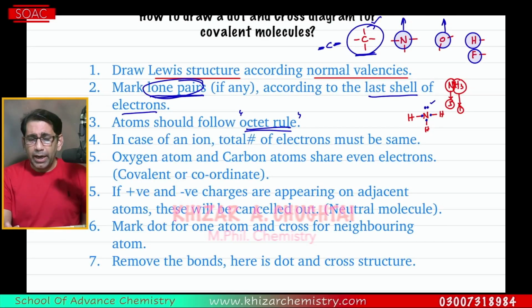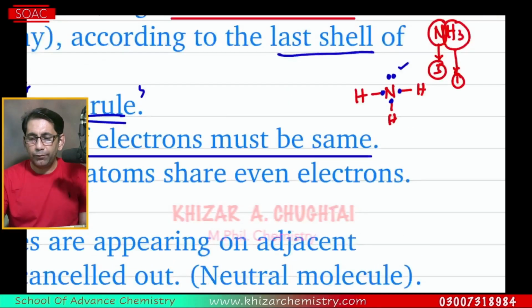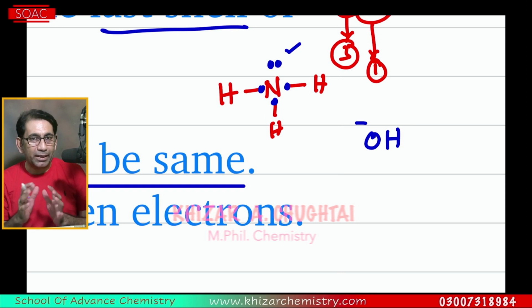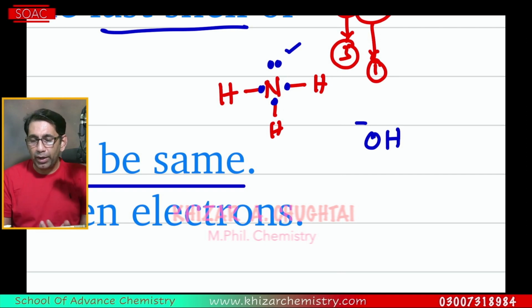Rule number 4: in case of an ion, a positive ion or any negative ion, the total number of electrons must be the same. For example, I'm supposed to draw the dot and cross diagram for the OH negative ion, and the examiner is asking to draw the last shell electrons. So how many last shell electrons should be drawn here?